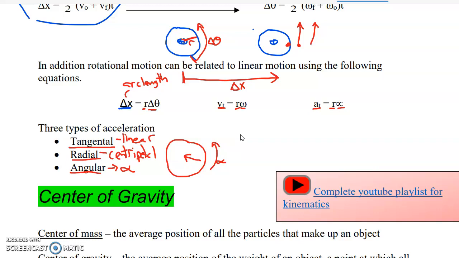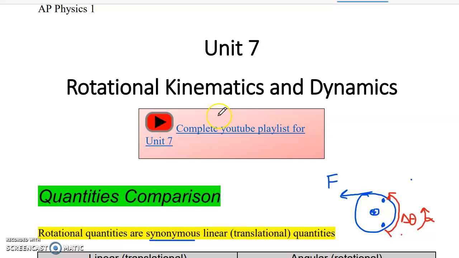So we can think about these three types of accelerations: the tangential, which we're familiar with, this is the linear acceleration; the radial acceleration, which corresponds to a centripetal acceleration; and the angular acceleration. This is our new one, so if we put a star beside that, this is how quickly it is changing its angular velocity. So I'd like to finish up there for today.